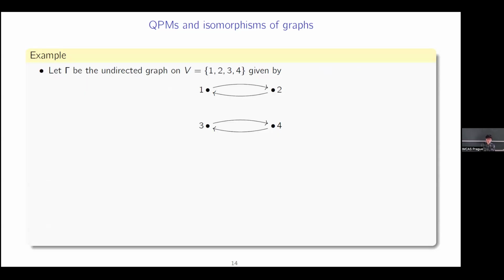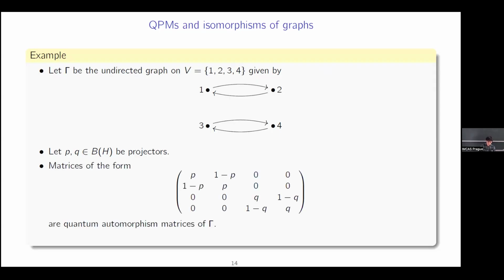So we consider this graph here. We have a graph gamma with 4 vertices and with the edges that I outlined in this picture. We consider P and Q to be two bounded linear operators of a Hilbert space H, and we consider these two elements to be projectors.